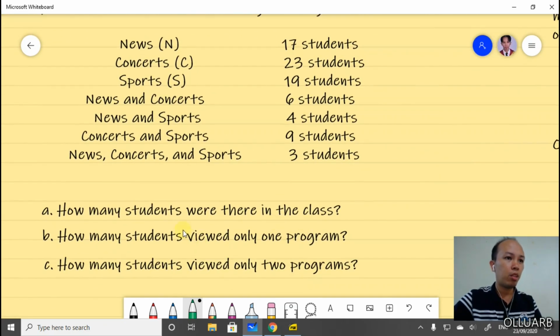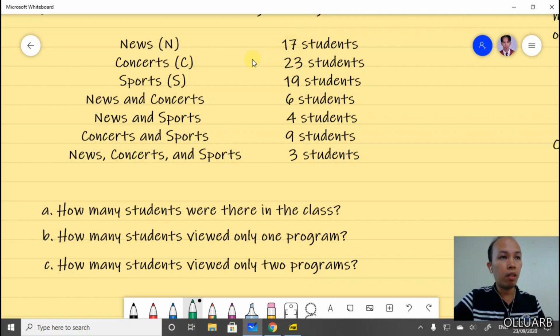For this first question, is it logical to answer by adding all these numbers here? The answer is, of course, no. Why? Because if a certain student were asked if he or she watches news, then that student belongs to these 17 students.